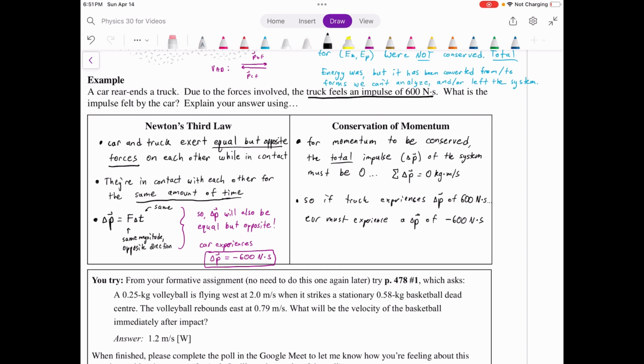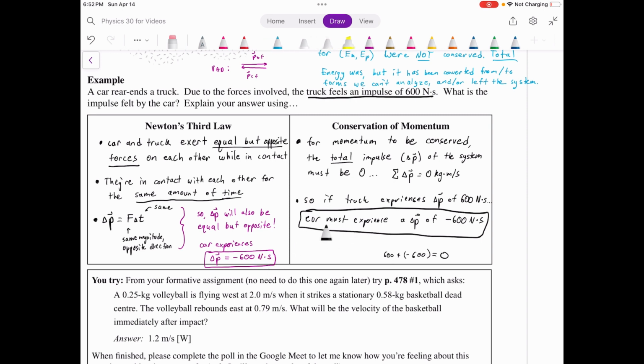Now, again, that doesn't mean the momentum is 0. It means the total change needs to be 0. Otherwise, the overall momentum changed and it wasn't conserved. The total impulse needs to be 0 here, right? 600 plus negative 600 gives us 0, which we know needs to be the case for momentum to be conserved.